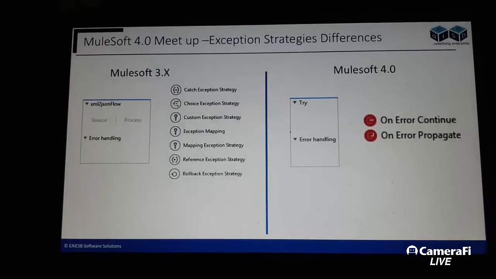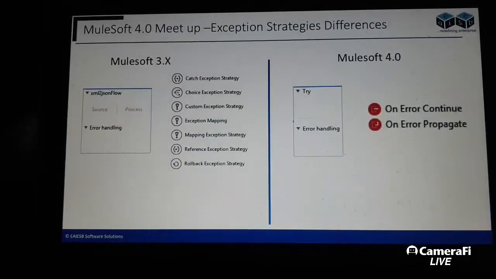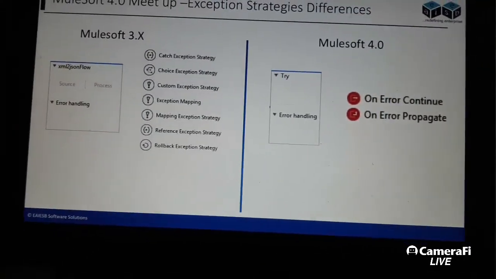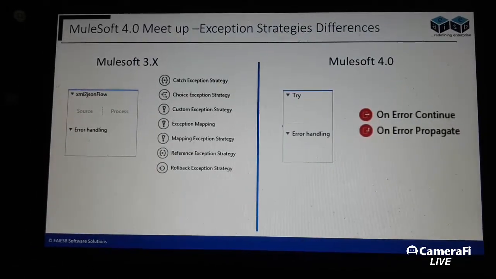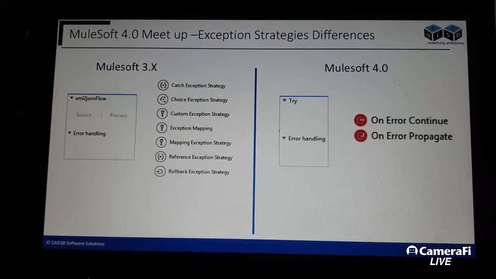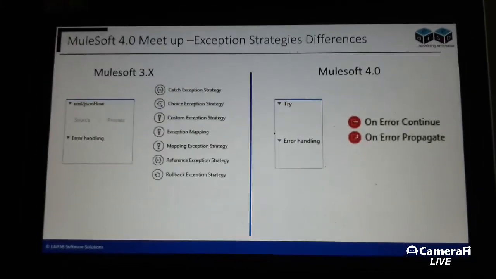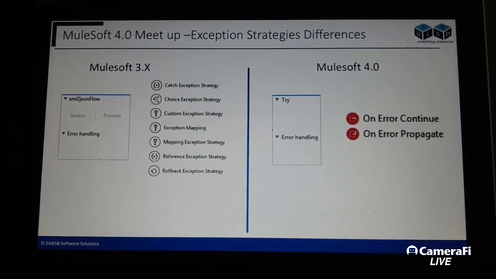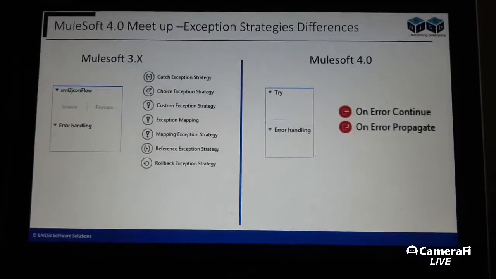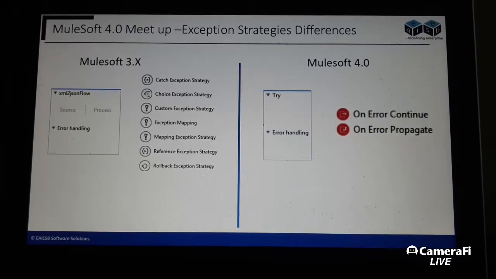On error continue means whenever an error occurs in the try block, it will execute the catch block. Suppose you take an email connector in the catch block, so you need to notify someone else: hey, wake up, an error occurred in the database. So you can configure an email in the error handling block in the try, right?